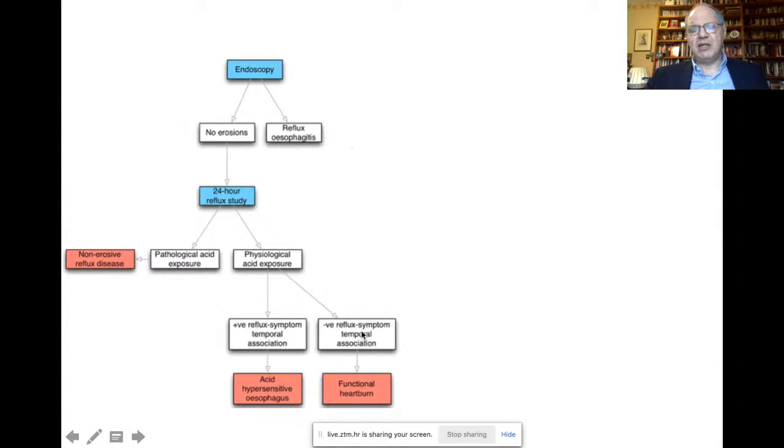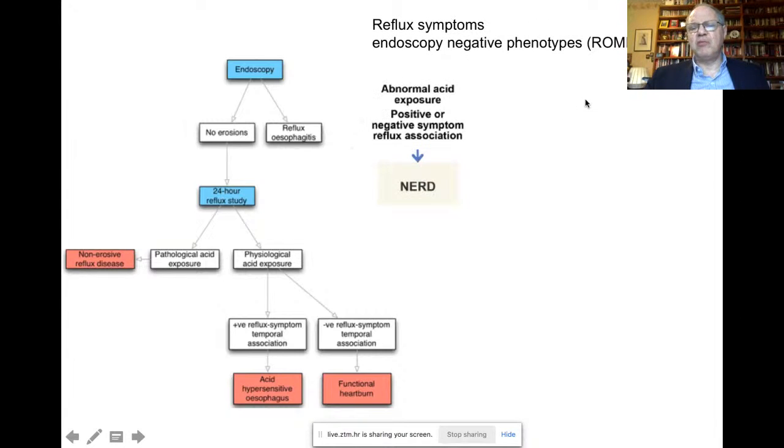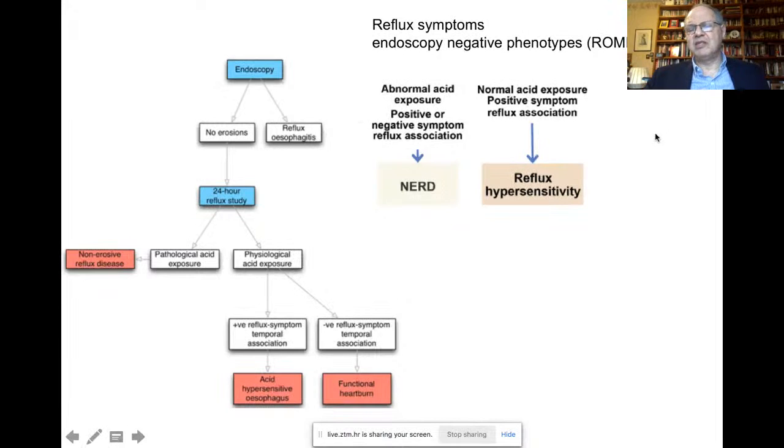And if the patient does not have an association between his typical symptoms and reflux episodes, it is what we call functional heartburn. This is what the Rome 4 criteria establish. There are three main phenotypes, as I said: true non-erosive reflux disease, reflux hypersensitivity, and functional heartburn.